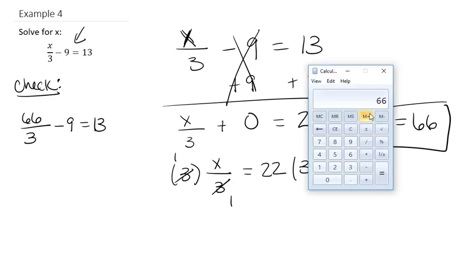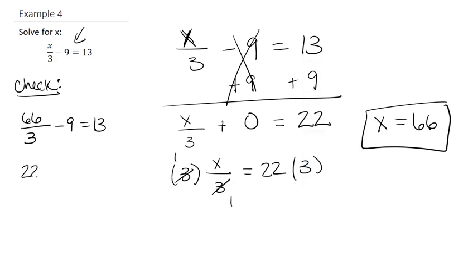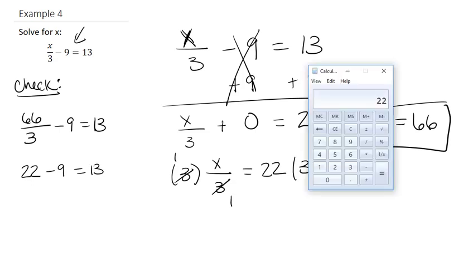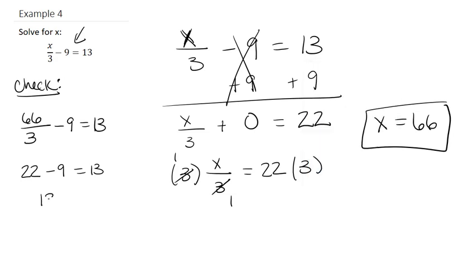So we have 66. We're going to divide by 3, which just gets us to 22. Then we go minus 9, which is equal to 13, which is what we're hoping. So now we have 22 minus 9, which is equal to 13. So we know that we did this right, as we have 13 on both sides of the equal sign. So this is the correct solution.